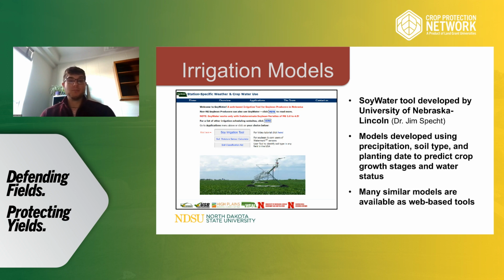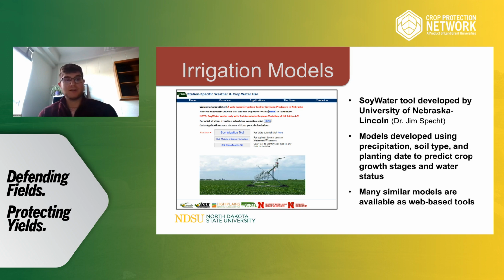And this tool will then pull historical precipitation data, the soil type for that individual field that you're looking at, and it'll help determine the water status of that particular crop. It also helps to predict the growth stage of that crop, which leads into the water status, which can help guide producers of when to make irrigation applications, right? So this can help improve the management as well as increase that yield at the end of the season.